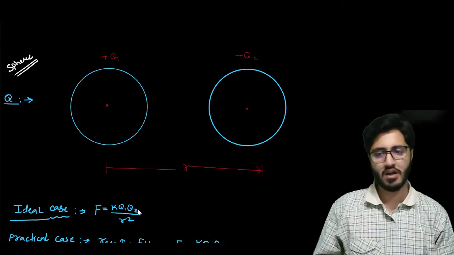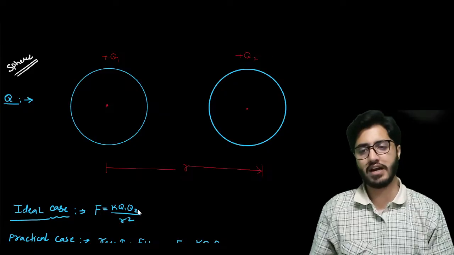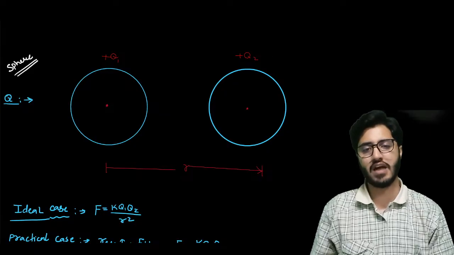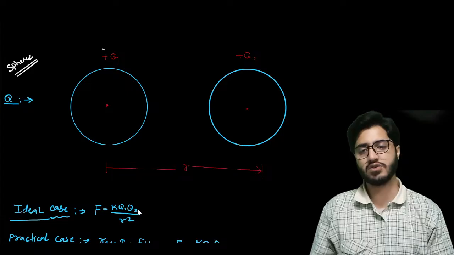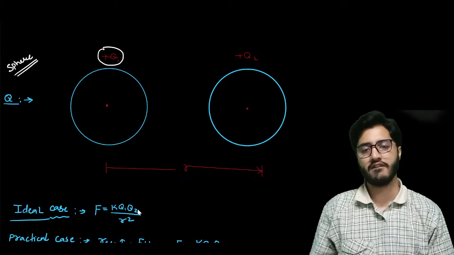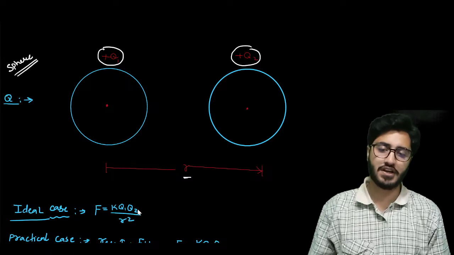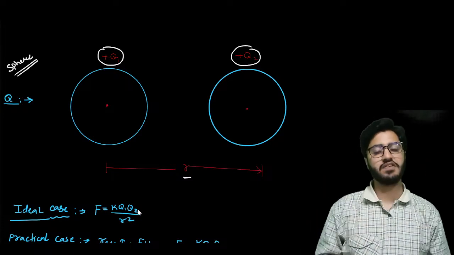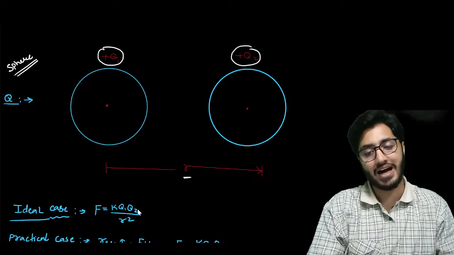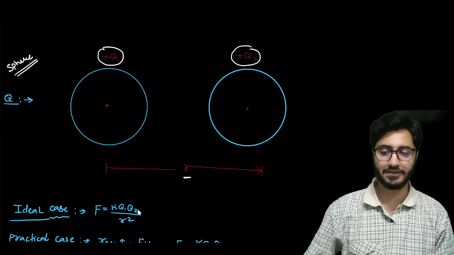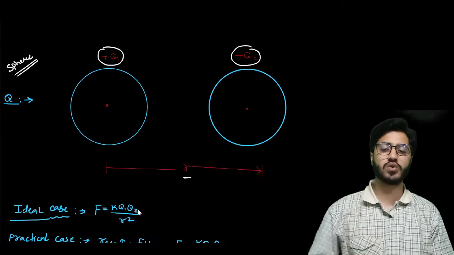Spheres with charge Q1 and with charge Q2. And the separation of centers between these two spheres is R. So how to write Coulomb's law?